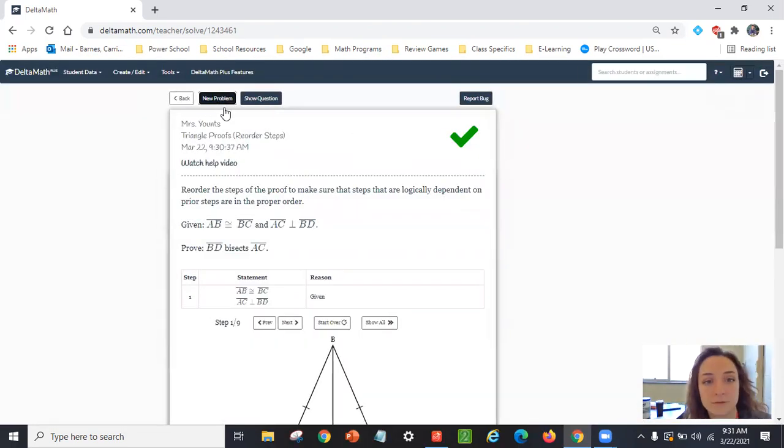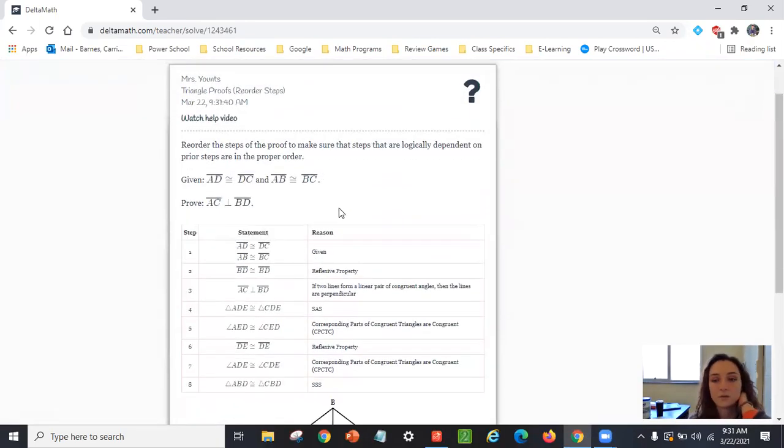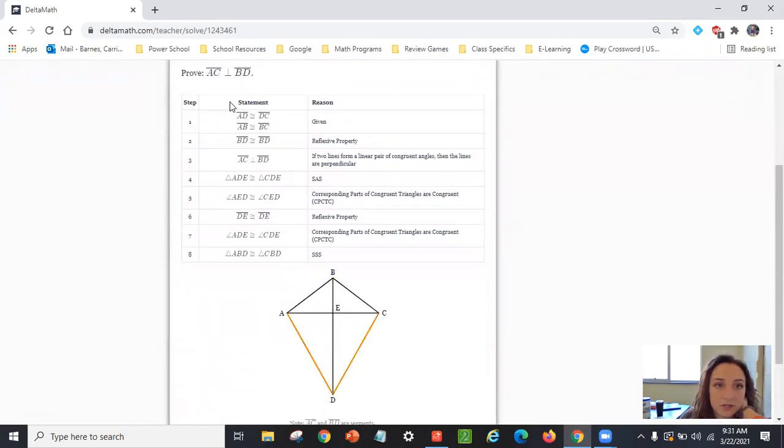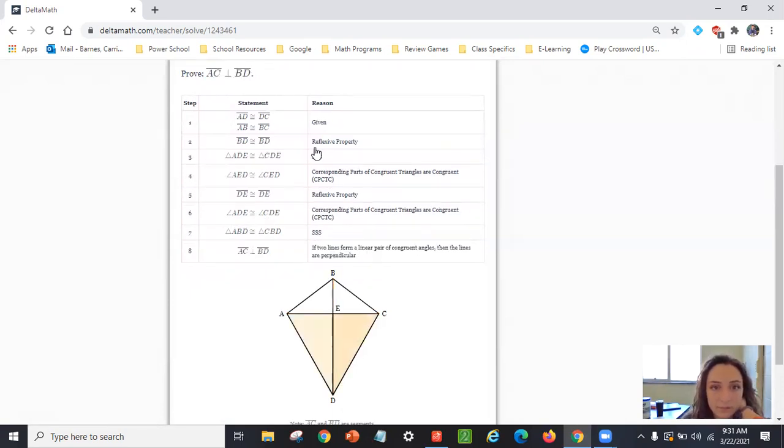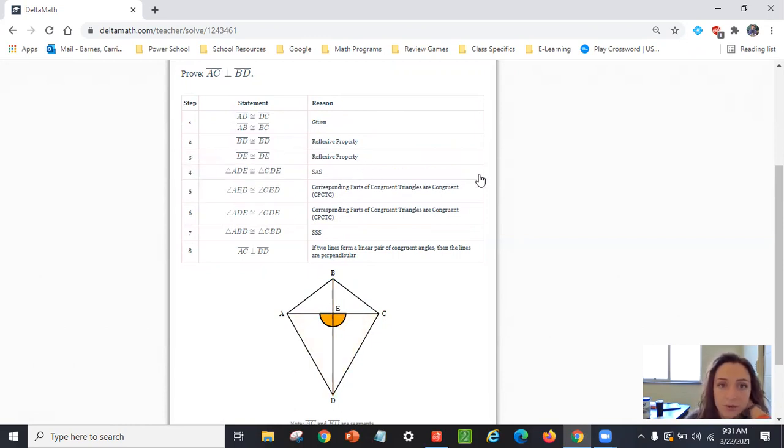Okay, let's try out another one. All right, given first, prove last. AC perpendicular to BC is last. BD, sorry. Okay, so we have two triangle congruence statements here. That's going to make this one a little bit difficult. But let's pull our reflexives first, and then we can try to reorder these. So we're given these two.